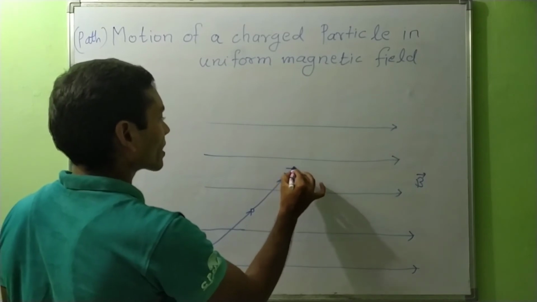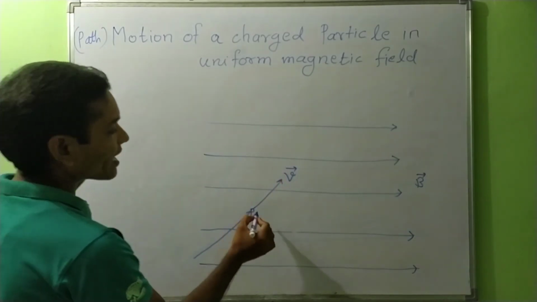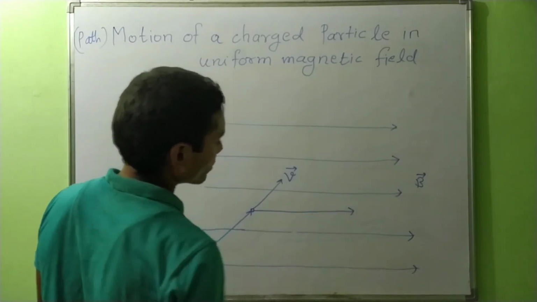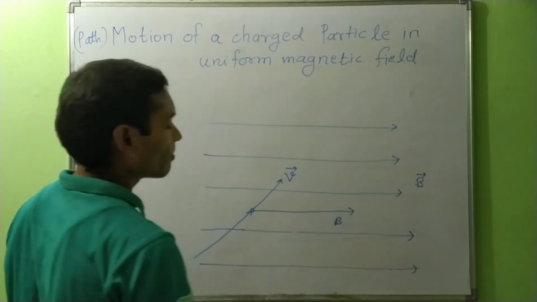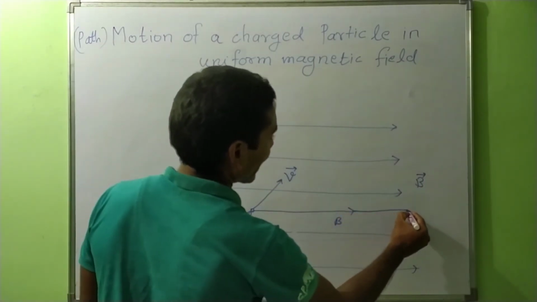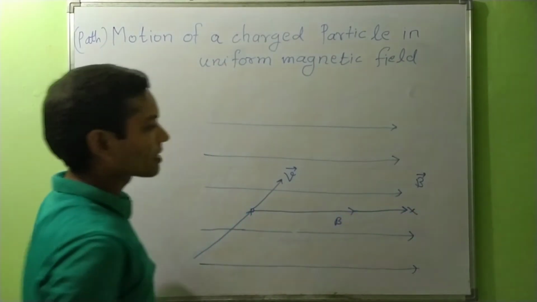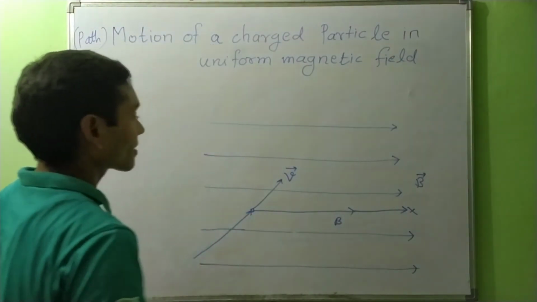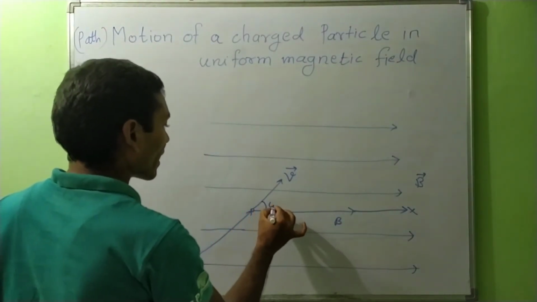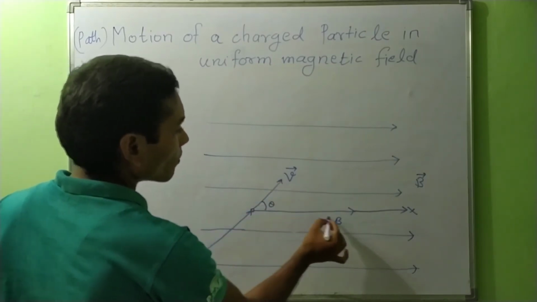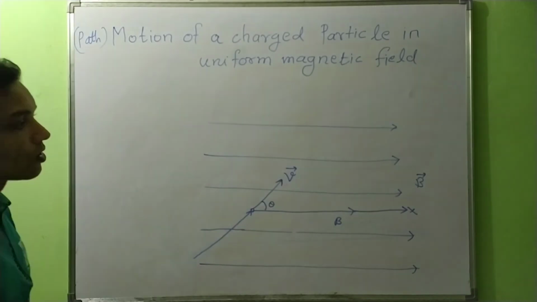Let this be vector v. At that point, the direction of magnetic field will be along this direction. Okay, let this be the x-axis. So the direction of magnetic field will be along the x-axis. This is the angle subtended by the velocity vector v with magnetic field.